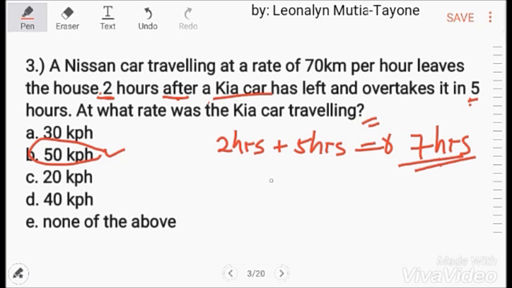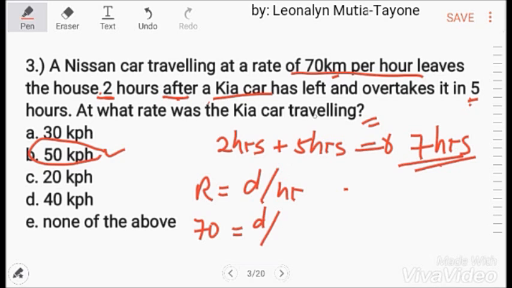Ngayon, itong 7 hours na travel niya, so bali, si Kia, ang distance nilang pareho sila ng distance, ha? So, itong rate muna, that is distance over hour. Si Nissan, ang distance nila pareho man, yung rate lang. Yung rate niya is 70, tapos yung distance pareho sila. And then yung hour ni Nissan ay 5 hours.